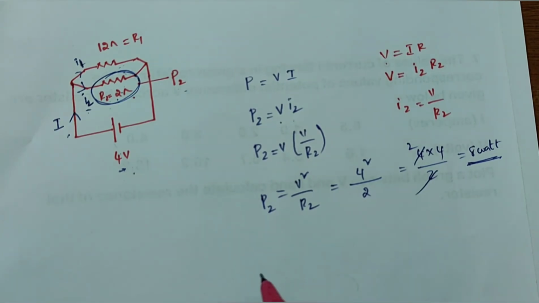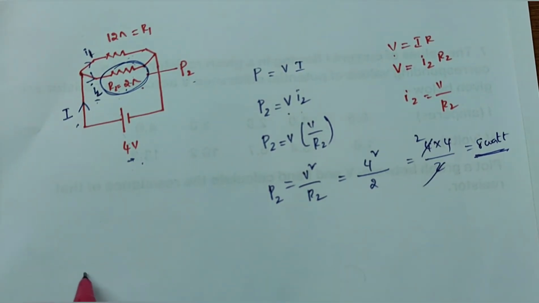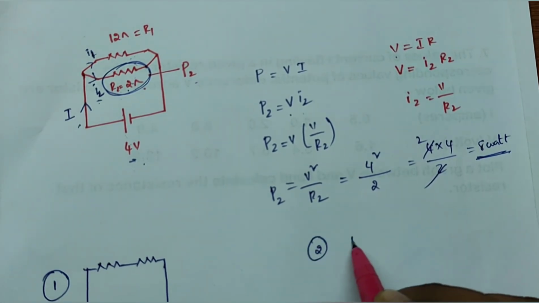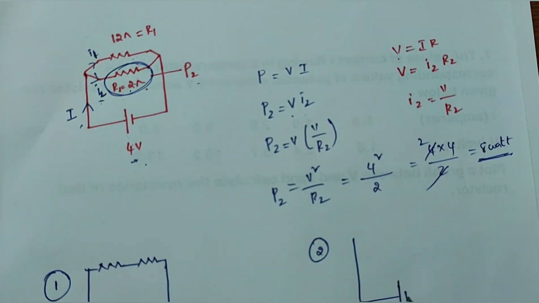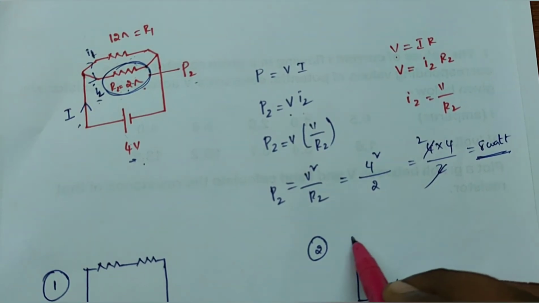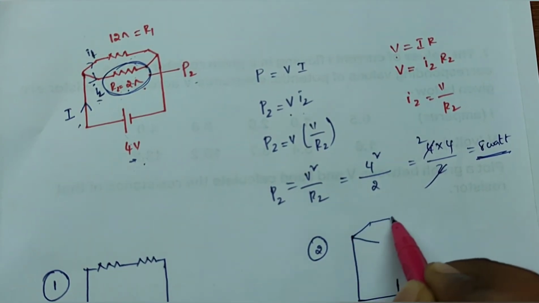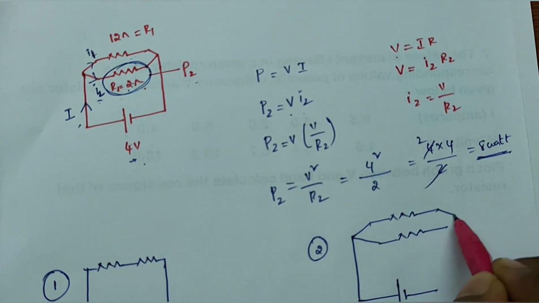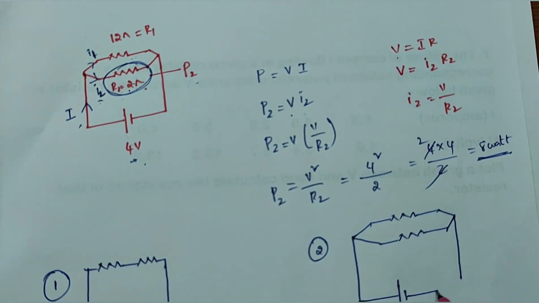In our previous case we already found that, in the series condition, here we are having 6 volts, and a 1 ohm resistor and a 2 ohms resistor. This is the first case. The second case is where we are having 4 volts, and now we are having 12 ohms and 2 ohms, 2 resistors like this.